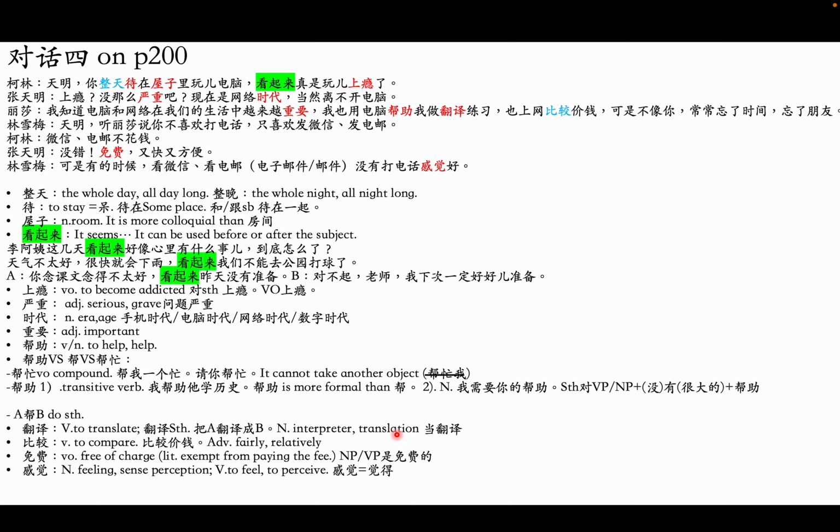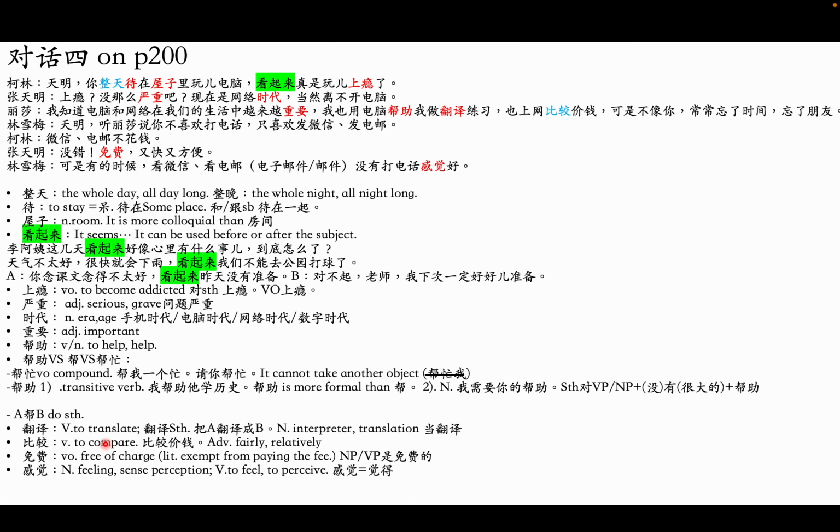After graduation, 毕业以后，我想当 means to become, serve as, then after it is a job, interpreter, 当翻译。好，他说我也上网比较价钱，价钱 means price. 比较 has two meanings.